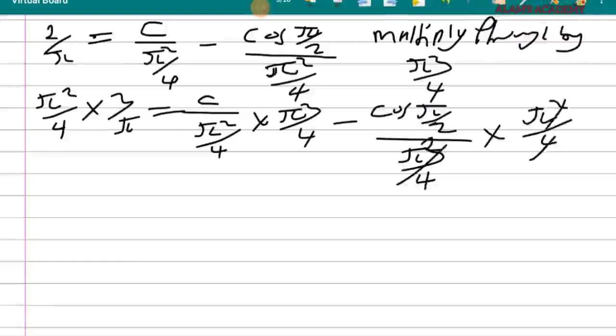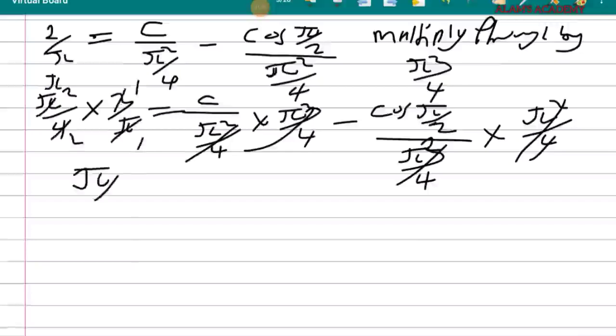This is going to cancel this. This is going to go with this, and one of these goes with 1, leaving pi. Then 2 goes with itself, 1 into here 2. So it means I have pi over 2 equal to c minus cos pi over 2.